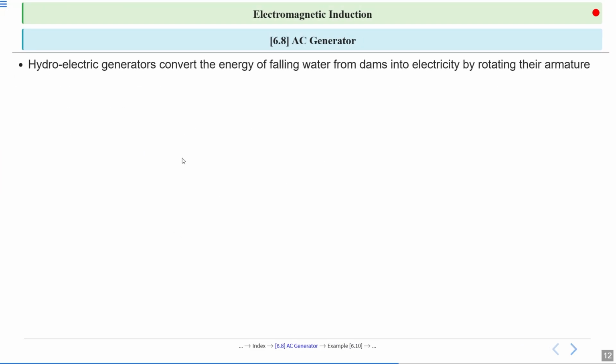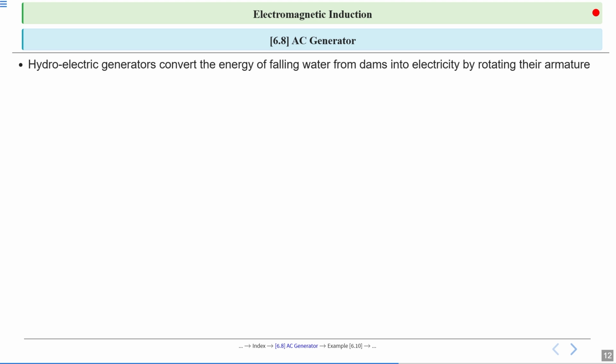Now, hydroelectric generators convert the energy of falling water from dams into electricity by rotating their armature. You may have seen in videos, or some of you may have seen with your own eyes, how water from a dam is released. When gates are opened, water comes with very high speed, and at the bottom of the dam a shaft is attached.